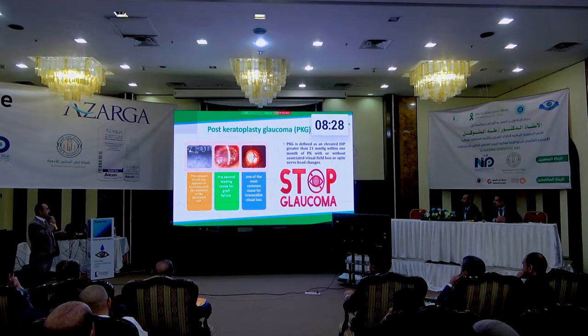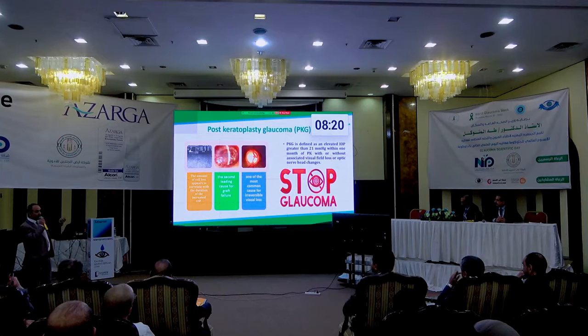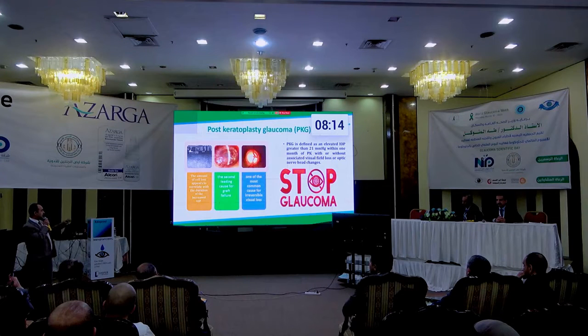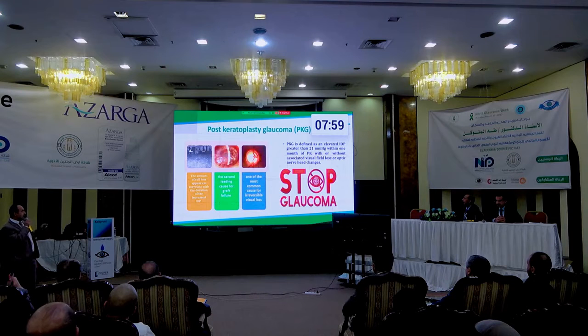head changes. Why? Because it affects the anterior and posterior segment. Anteriorly, it leads to loss of endothelial cells, so it is the second cause after rejection for graft failure. The duration of intraocular pressure elevation is related to endothelial cell loss.